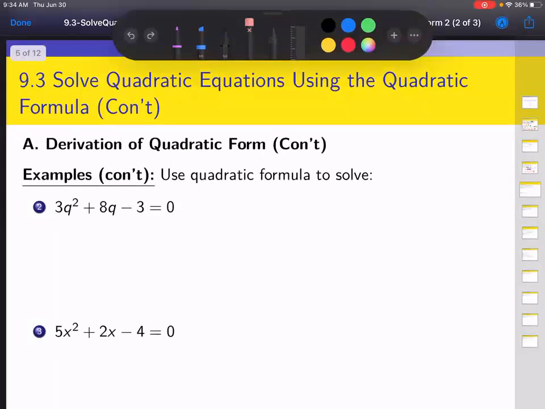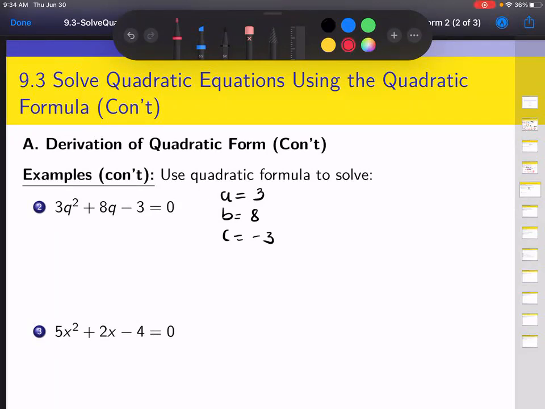So first things first, I'm going to write out my ABC. And on the exam, if you write out ABC and you don't know what to do next, I'll still give you a point. A is 3, B is 8, and C is -3. And even just write out the formula too.